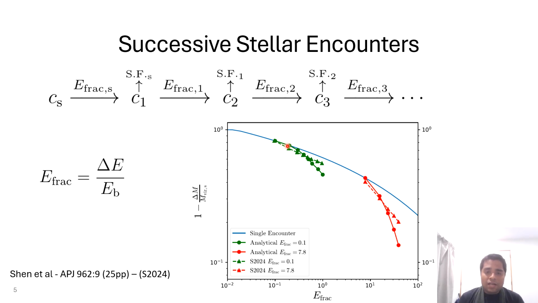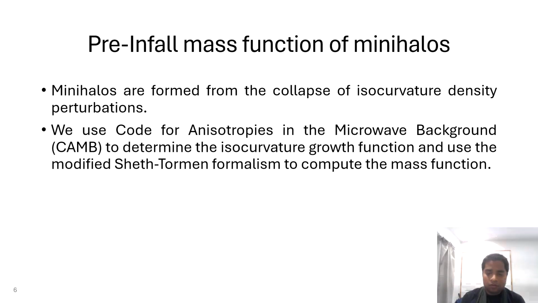The solid line with the circular markers is the output of our analytical procedure, and the dashed line with the triangle markers is the output of a numerical simulation done by Shen et al., which I'll abbreviate as S2024. And there's a fair degree of agreement between their numerical simulation and our analytical calculations.